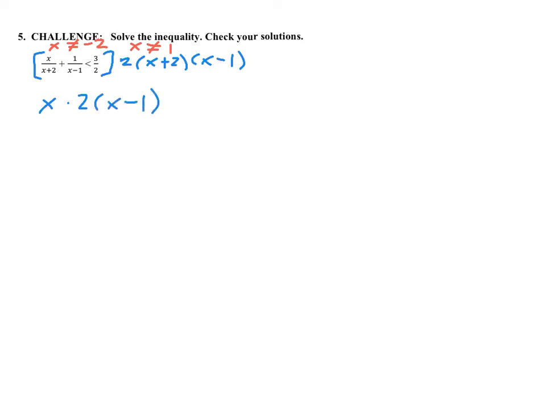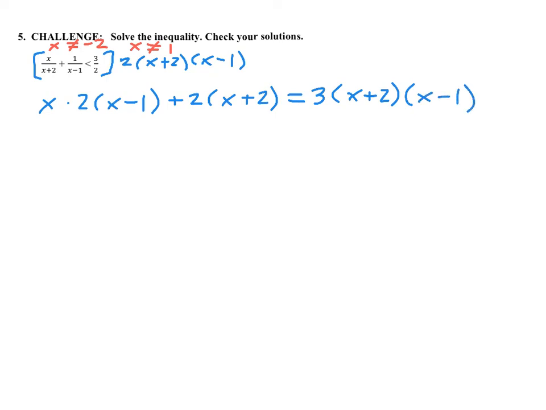In the second fraction, x minus 1 cancels out. So we're left with the 1. I don't need to write the 1. 2 and x plus 2. And we're pretending this is an equation. In the third fraction, the 2 cancels out, and we're left with 3 times x plus 2 times x minus 1.